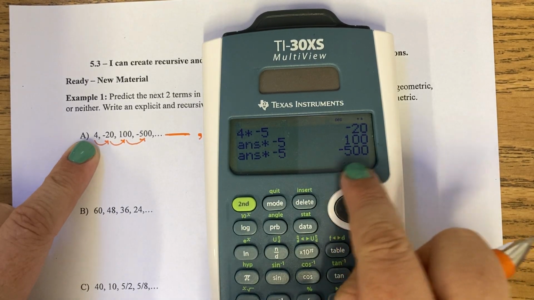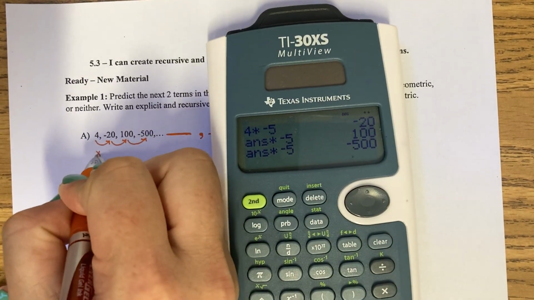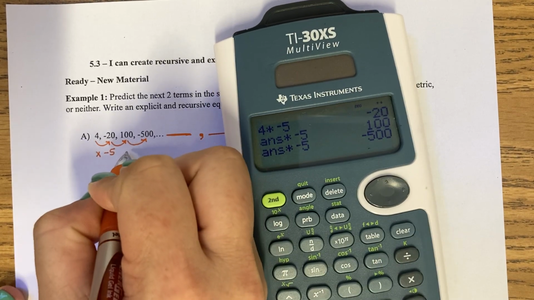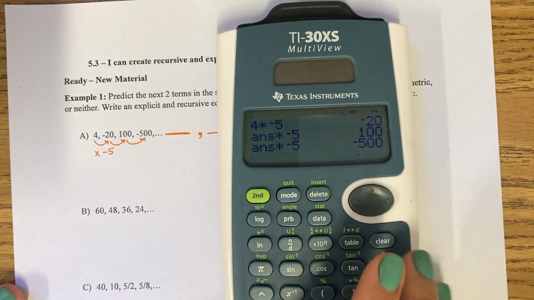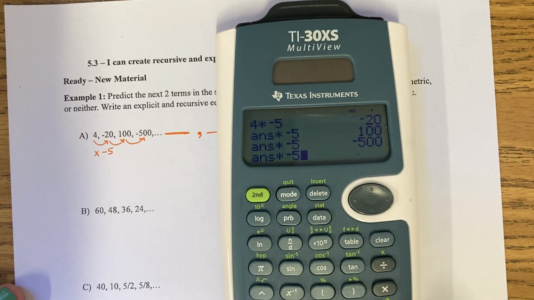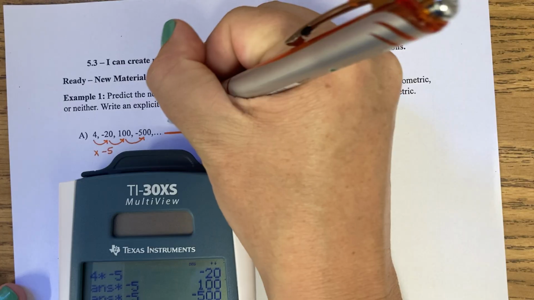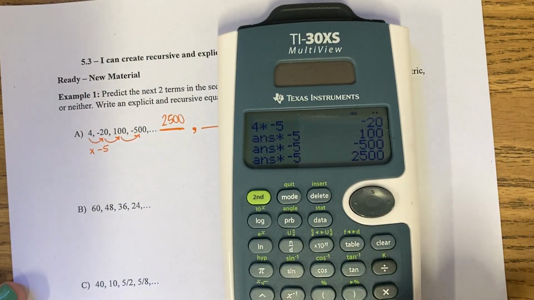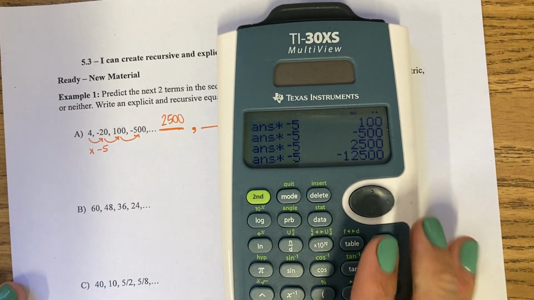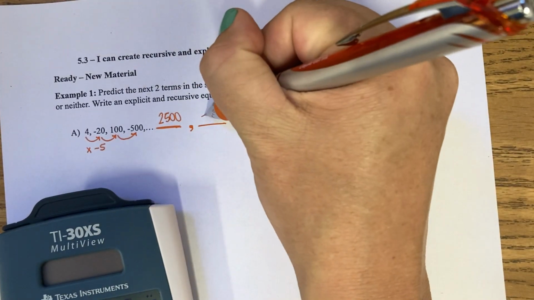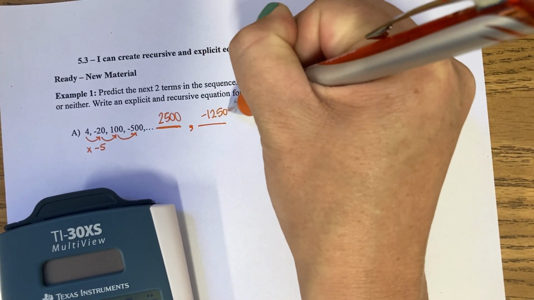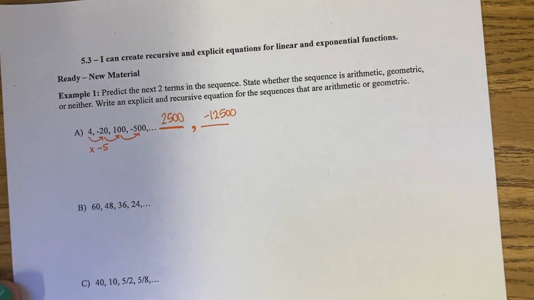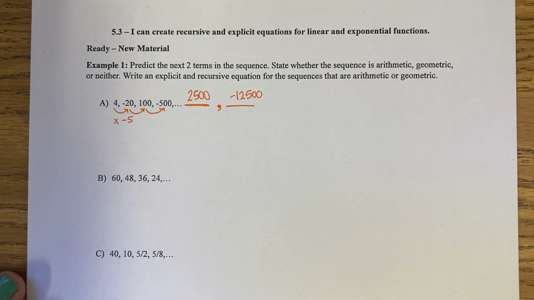Yep, there's my pattern. So I'm timesing by negative 5 each step, which means my next term, 2,500 times negative 5, negative 12,500. Okay, there are my next two terms.